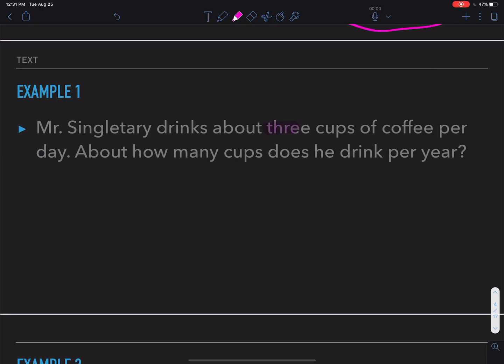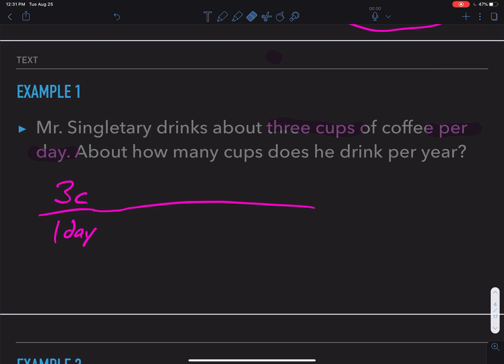Let's see, 3 cups per day. Now the word per means divide. So I can actually write this as 3 cups divided by 1 day. So 3 cups per day. Now, how many cups does he drink per year?